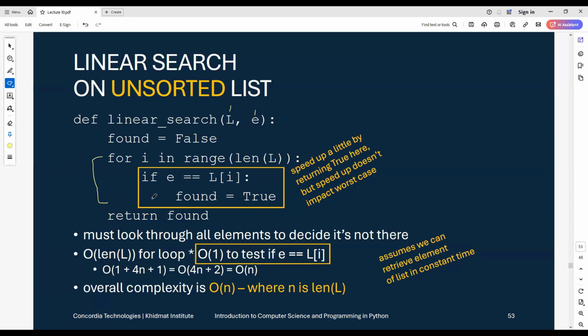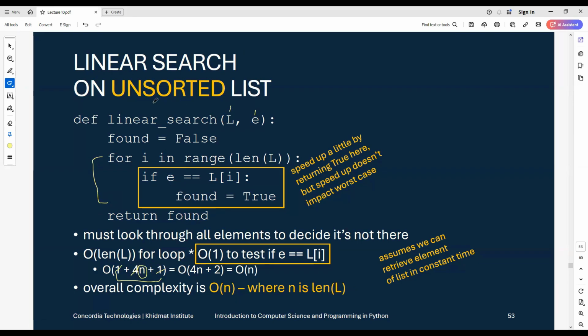When we find it, we set a variable which we return at the end. So the complexity for this implementation, if we calculate the terms, would be 1 plus 4n plus 1. We know the multiplicative constant doesn't matter. This n would be the actual complexity of this algorithm.